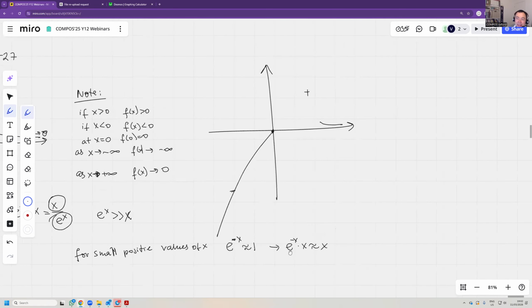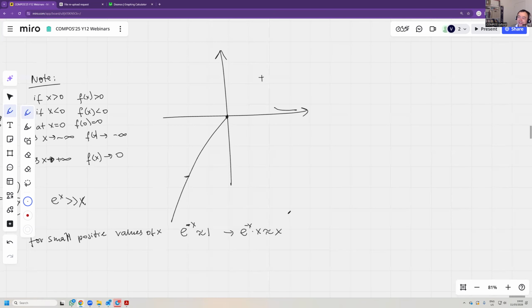So the function behaves like x. So it just behaves like this at the beginning. And then something changes and it goes like this. So this is the way I like to look at it. It gets really, really negative and then goes through the point, and then it follows y equals x, but then e to the power x becomes more powerful and it drags it down. I really like to think of functions in that way.